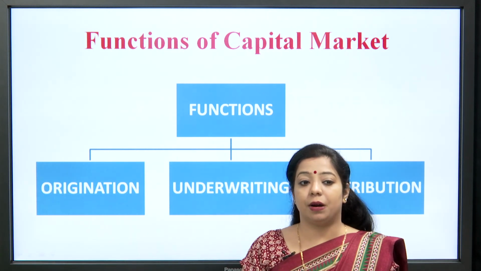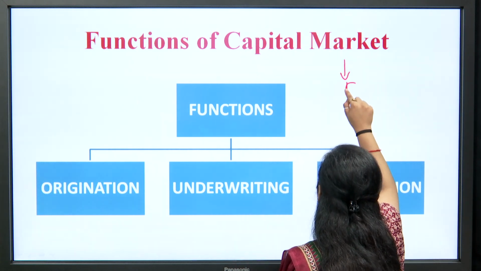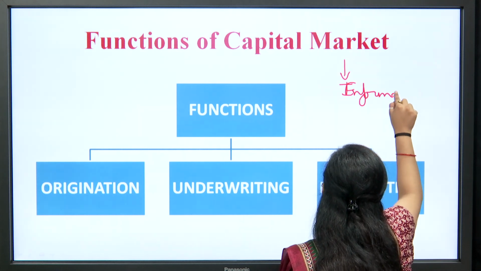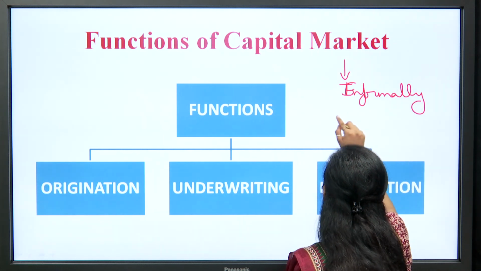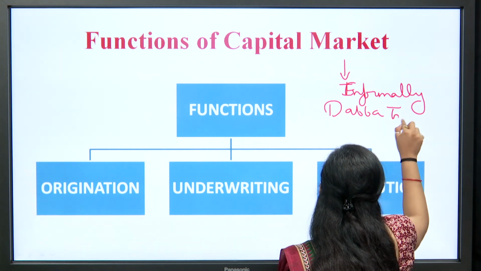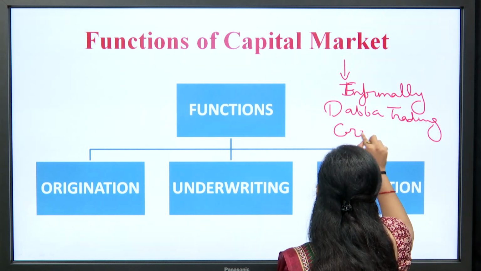Next, if I talk about the informal way of capital market, informally the trading is done by means of dabba trading and grey market.